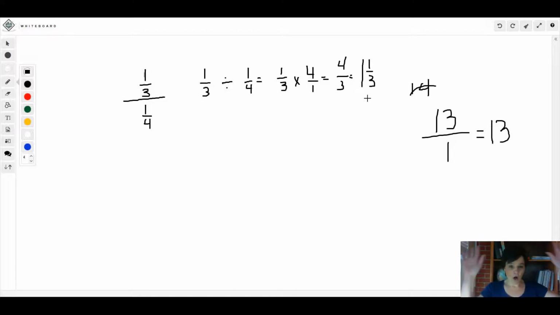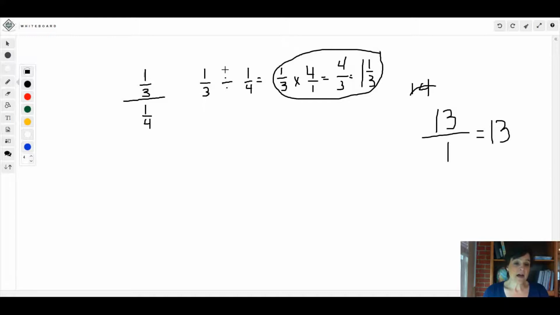Now, all of this means this. If you just divided across, 1 divided by 1, then you're going to come up with some crazy answer, a fraction in the answer.